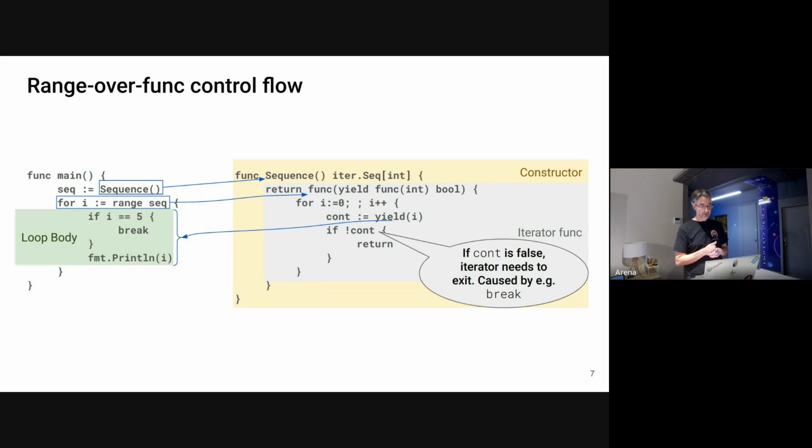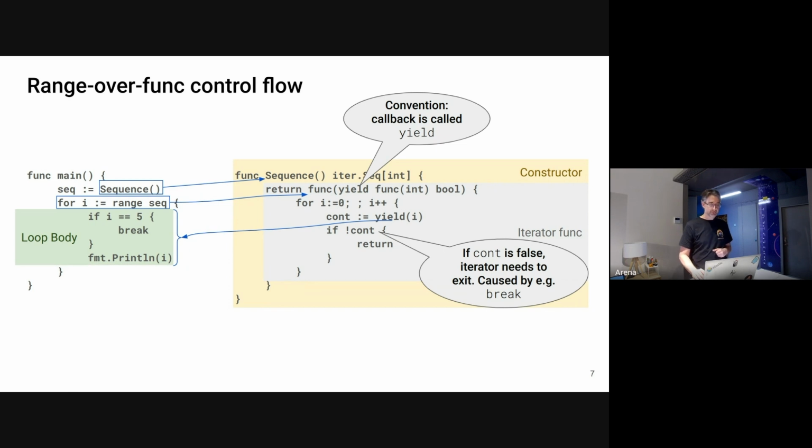And whenever yield is called, we get back this Boolean value indicating if the loop should continue or if it needs to break, for example, or end. For example, if there is a break or an early return or even a go-to, which could lead to a situation where the loop needs to be ended.